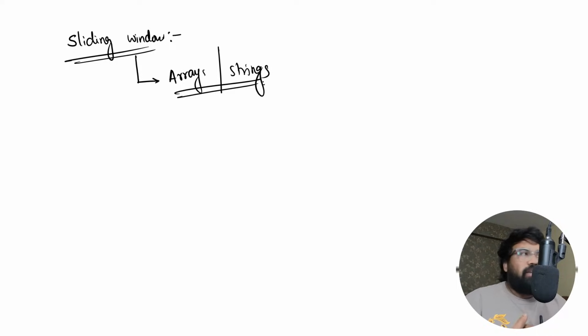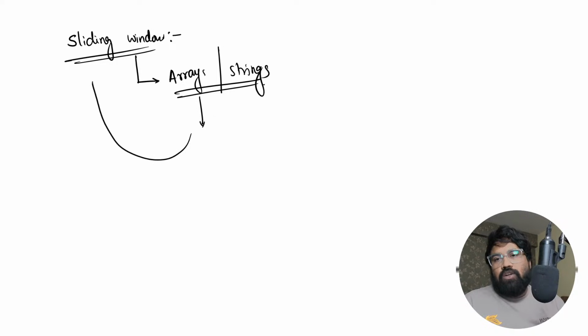The sliding window technique mostly deals with arrays and strings. Whenever you need a continuous subarray or substring, you should remember sliding window immediately. So what is the actual sliding window, and what are the different types?